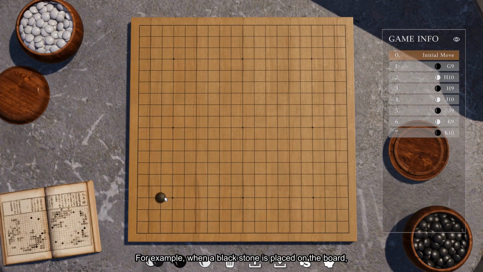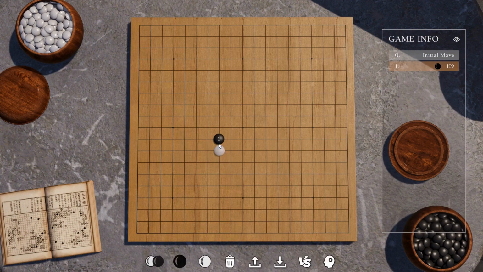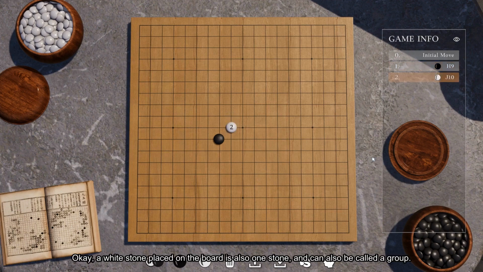For example, when a black stone is placed on the board, we say this is one stone, but actually it can also be called a group. Okay, a white stone placed on the board is also one stone and can also be called a group.